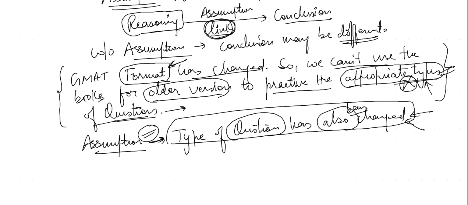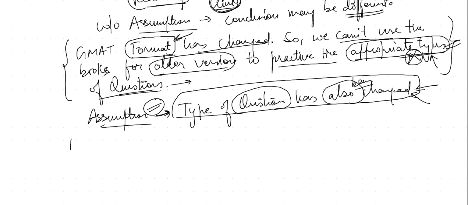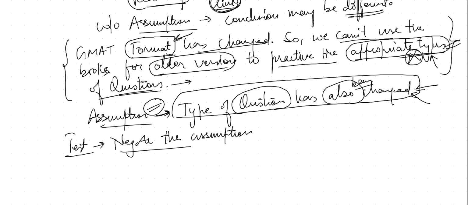The ultimate test would be whether an option is correct or not. You negate the assumption. Negate the assumption means this option says type of questions has also been changed. Negate means type of questions has not been changed.